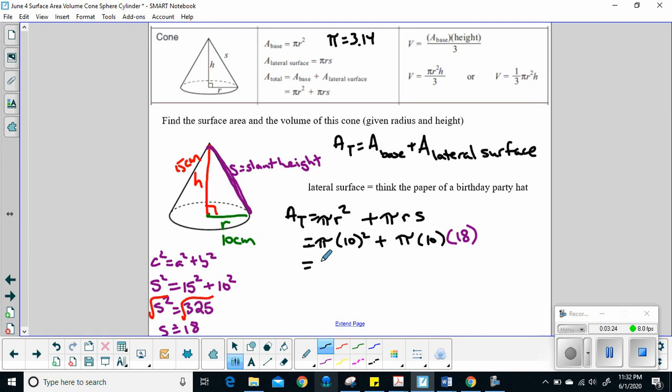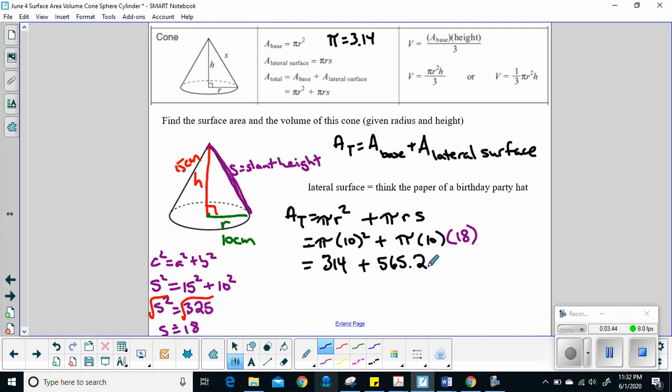Okay. So let's see, 3.14 times 100 gives me 314. Plus 3.14 times 10 times 18, 565.2.